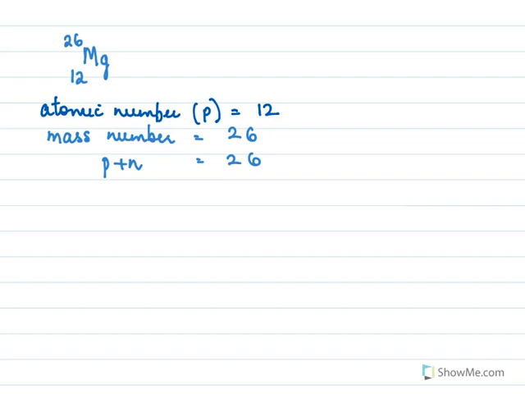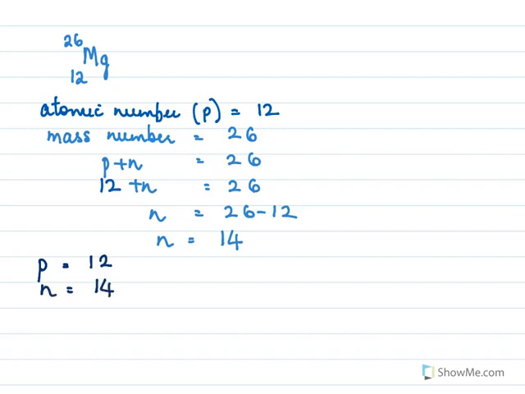The atomic number, protons, was 12, plus neutrons 26, so neutrons is 26 minus 12, which is 14. So protons was 12 because atomic number was 12, neutrons is 14, and electrons will also be 12 because protons equal electrons.